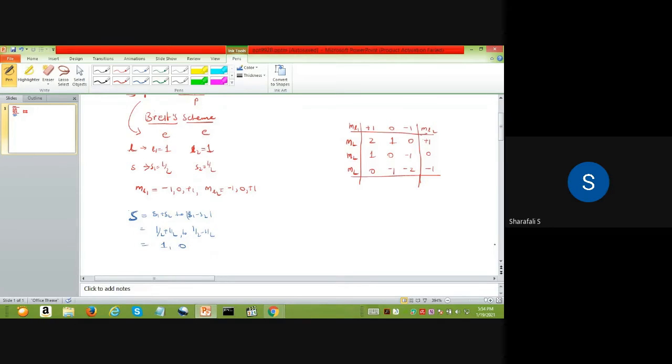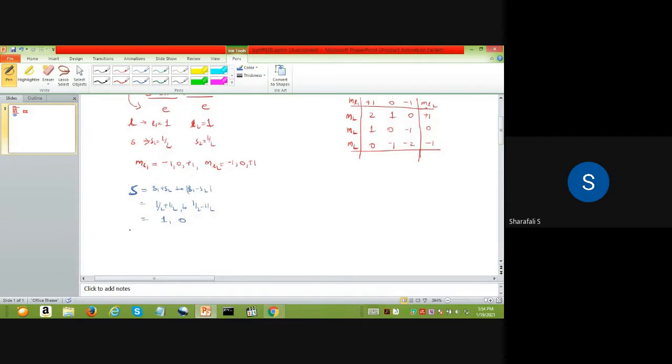If you consider S equal to 1, it means that both electrons have the same spin.